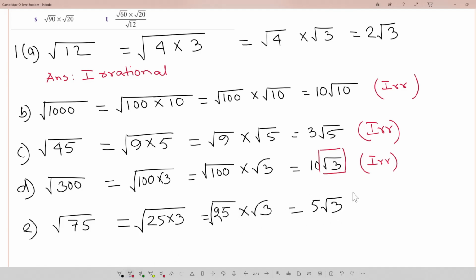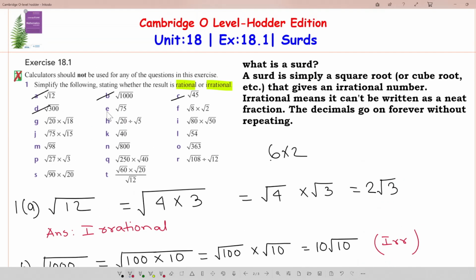So we can say this one is also an irrational number. Number E done. But number F we will not solve in this part. We already mentioned we will separate single, multiplication and division. So now we can do number K.